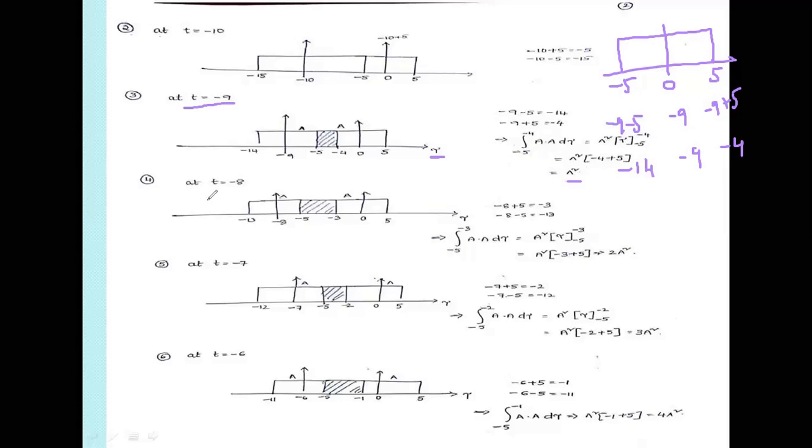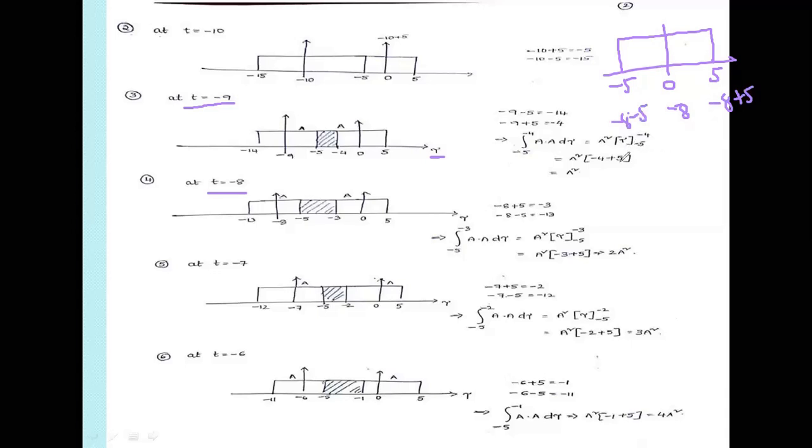Now the same way you can take t equal to minus 8. Still you can move towards the right side. Now it becomes 0 value at minus 8, and minus 8 plus 5, minus 8 minus 5.